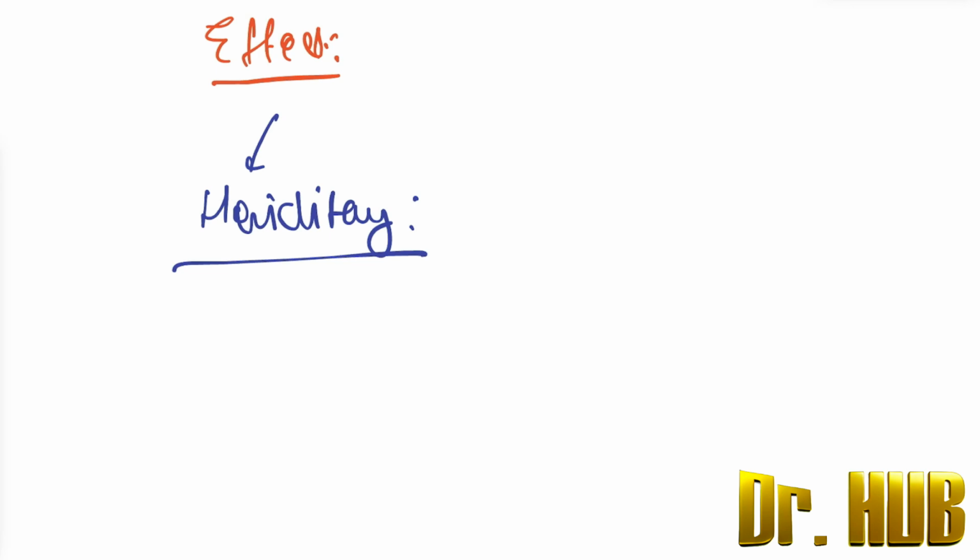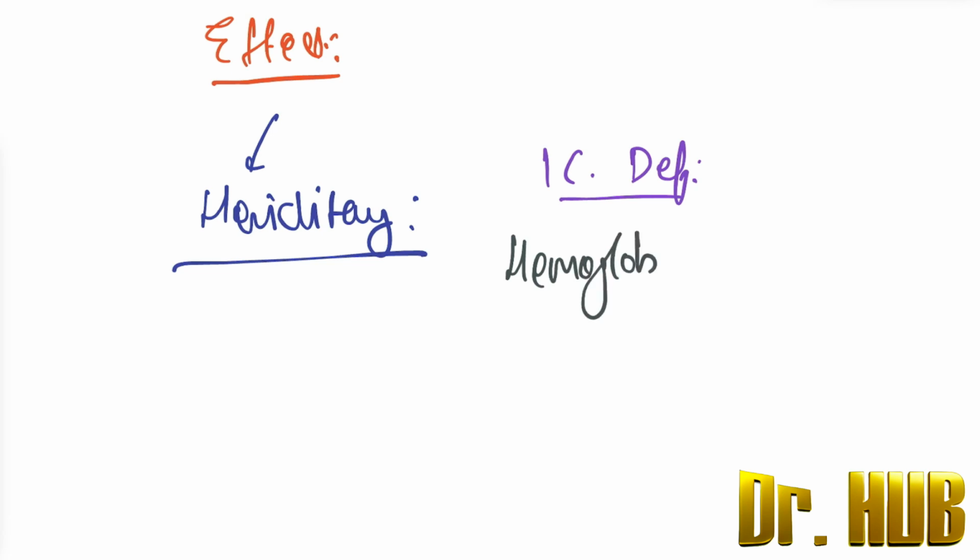Under hereditary, the intracorpuscular defects, we're writing it as ICD. This includes the hemoglobinopathies, the globinopathies, then the enzymopathies.